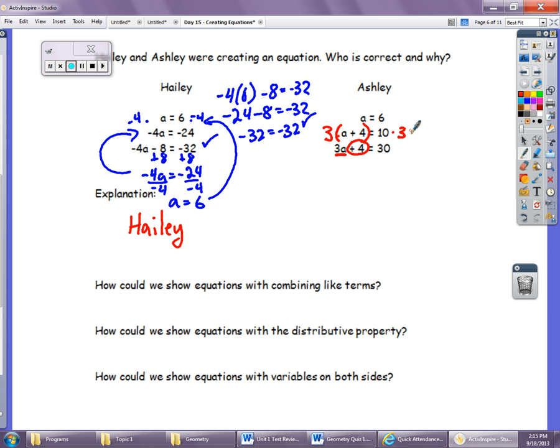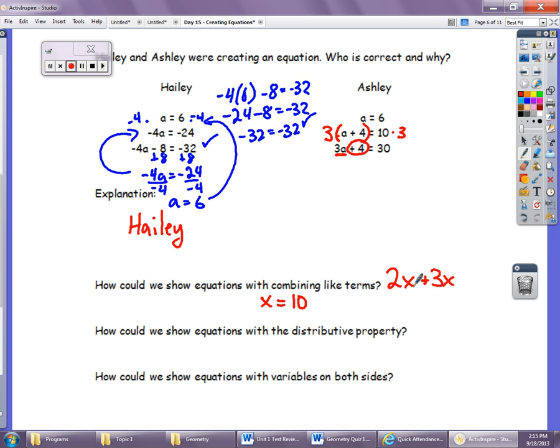So, how could we show equations with combining like terms? Well, we know that combining like terms would be something like 2x plus 3x. So the way that we want to show that is, let's start with x equals 10.